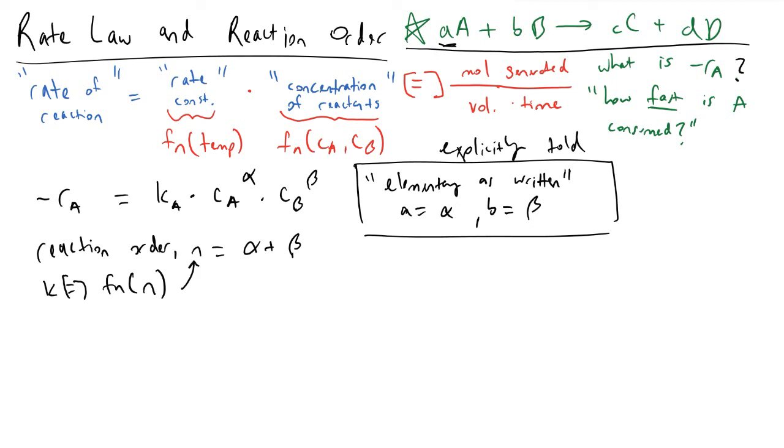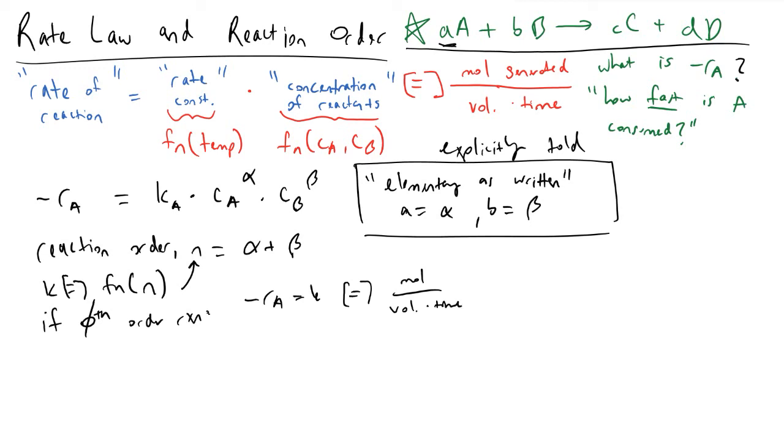And so what I mean by that is, if we have a 0th order reaction, which is pretty rare, but it does not care about either concentration of A or B, in that case, what we would find would be rA would be equal to k, and therefore k would need to have units of moles of A, or moles of anything, per volume per time.